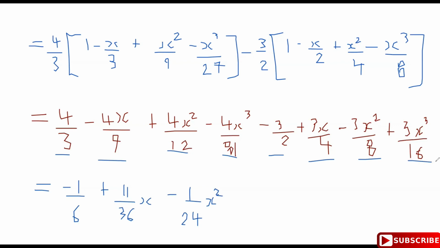You put those in a calculator, you get a crazy number. You get plus 179 over 1,296 x cubed. And that is it. That is your answer.